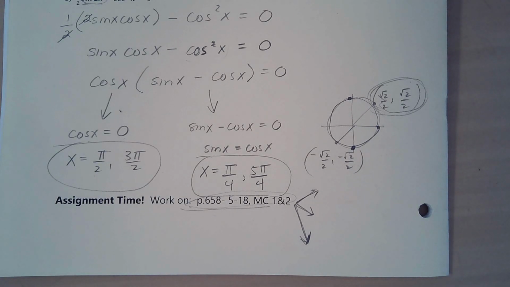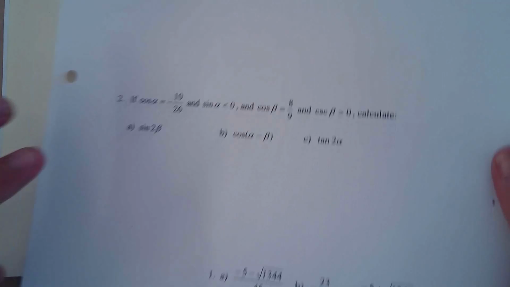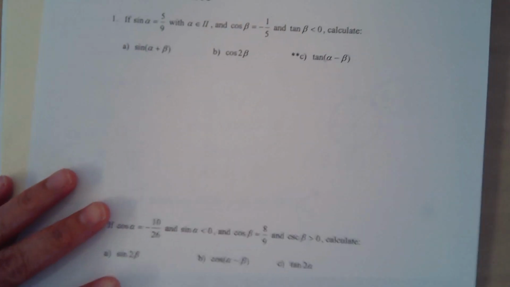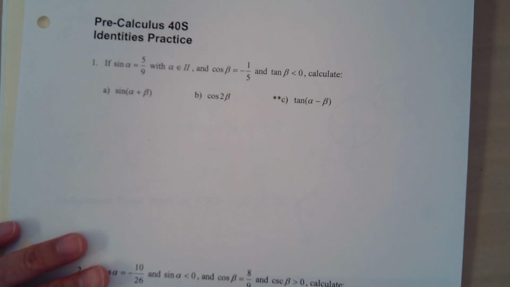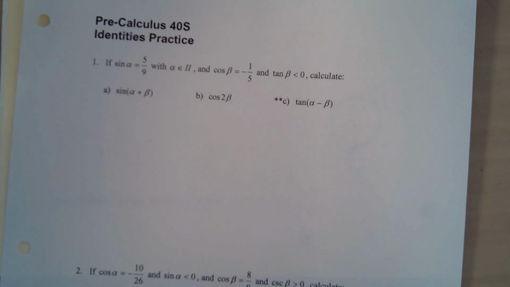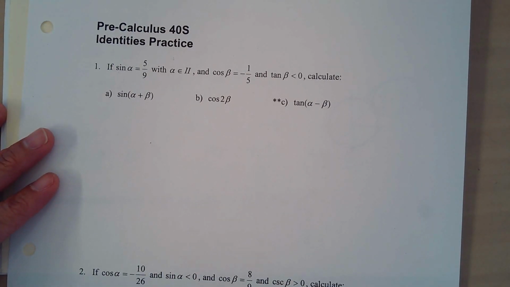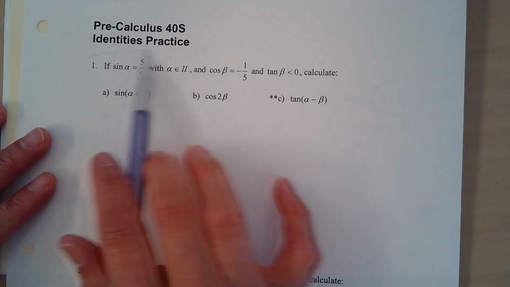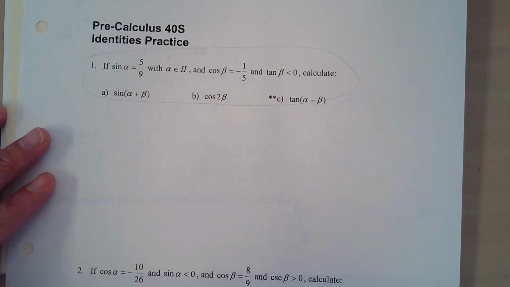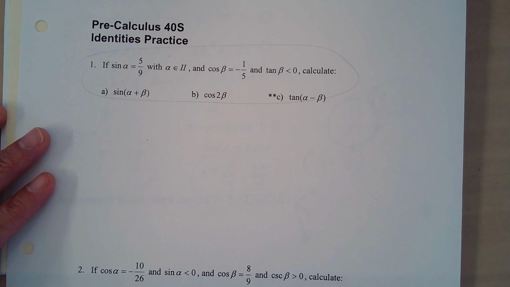Another thing that I'm going to give you is this one here. It's going to be a busy day for us, and that's okay. This is an identities practice too. We've seen that in lesson 7.